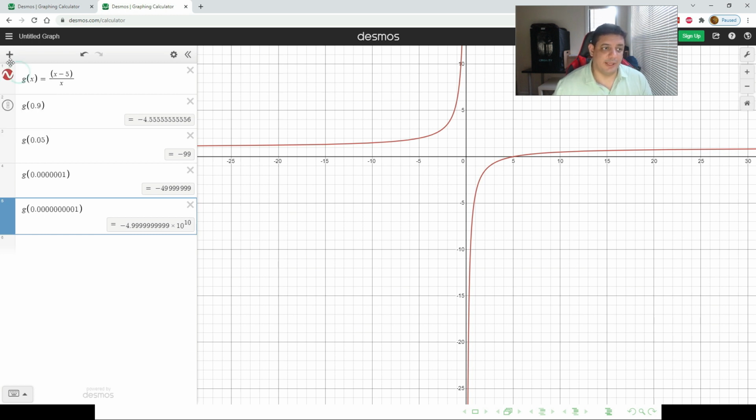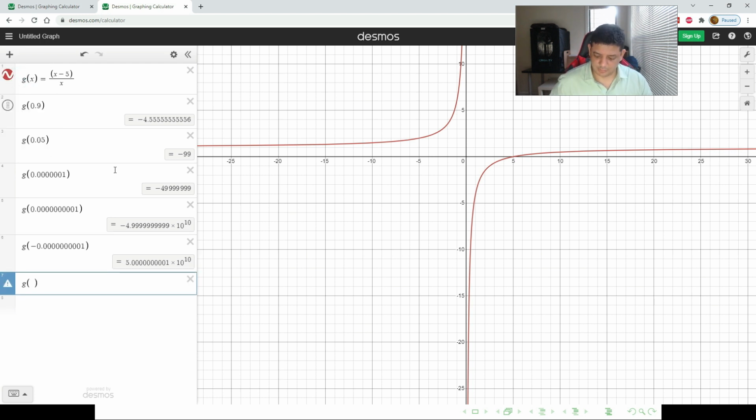And similar behavior is going to happen with g around a point like 0.1, but negative. If I put the negative in here, notice that now it's going to become a positive number, and every time it's getting larger and larger, approaching positive infinity.